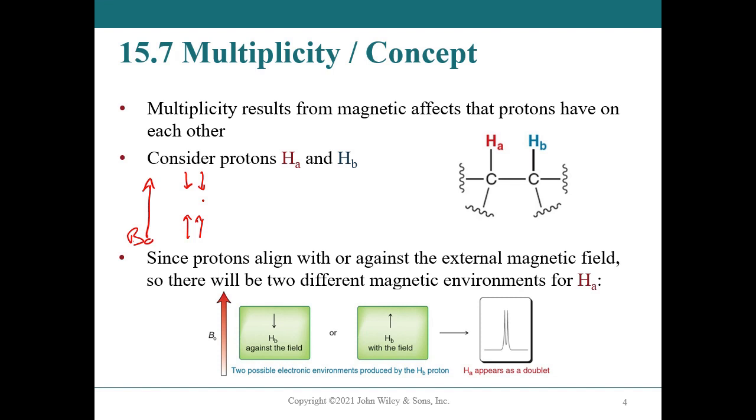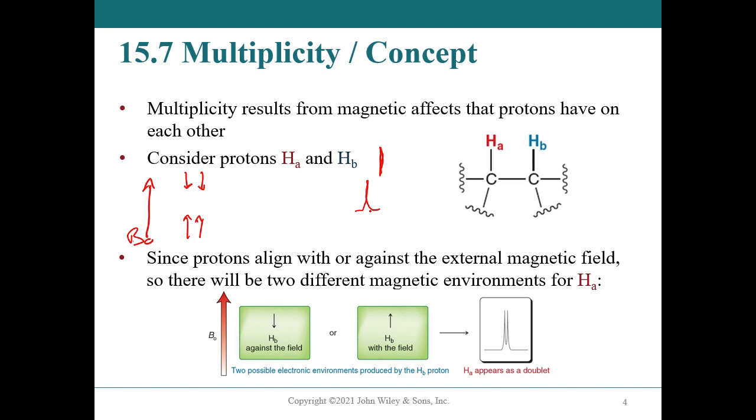Of course, this thing's going to add a tiny amount, but it is going to add a small amount of magnetic field intensity to it. So if our HA all by itself appeared here, because we are now adding a slightly greater field, we are in effect de-shielding that magnet, so we're going to have the peak moving to slightly greater chemical shift.